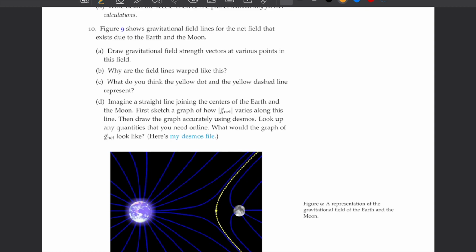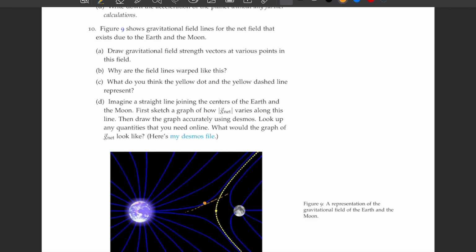Okay, in exercise 10, we can see the net gravitational field of the Earth and the Moon, and some of the field lines have been drawn. And we have to draw some field strength vectors at various points. So let's try and do that. For instance, here's a point. We know that the field strength vector is tangent to the field line, so it has to be in this direction.